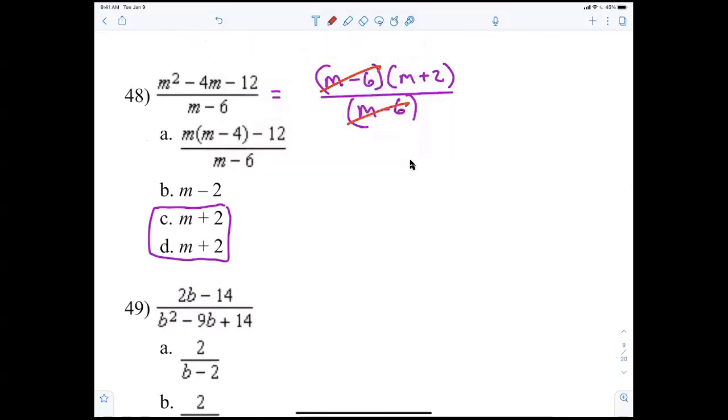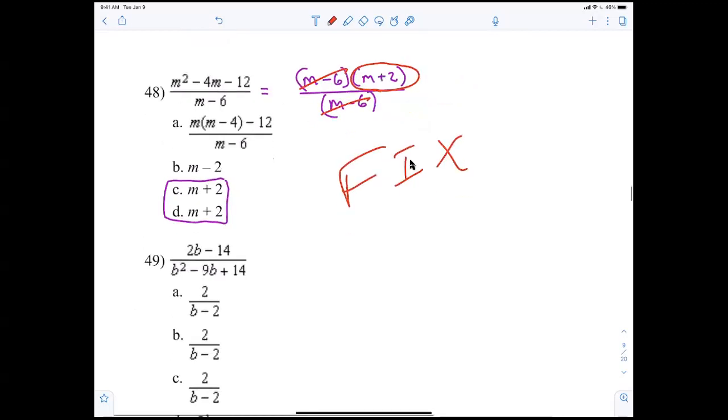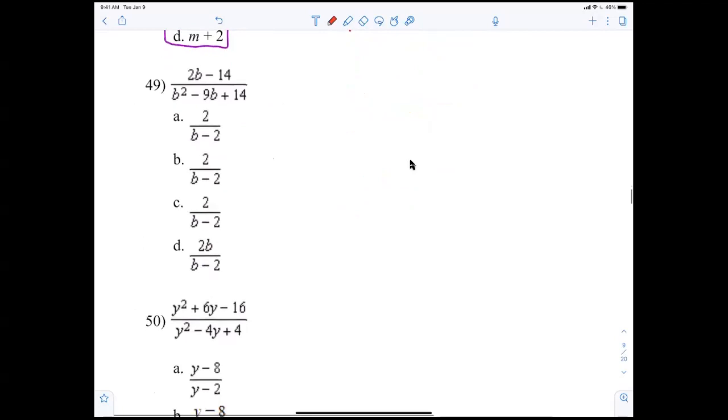So it's just M plus 2. Anybody have any questions with 48?